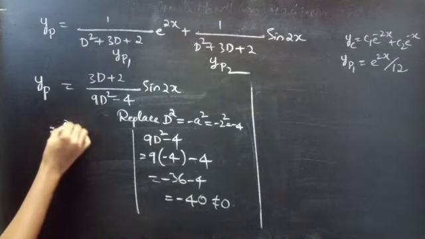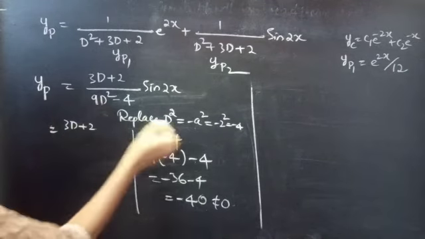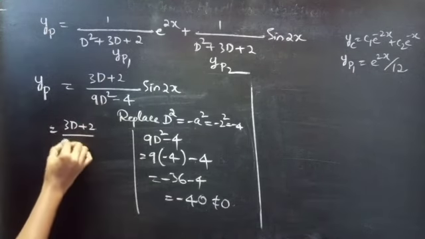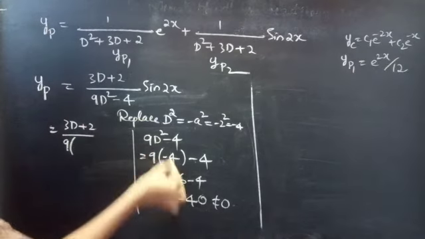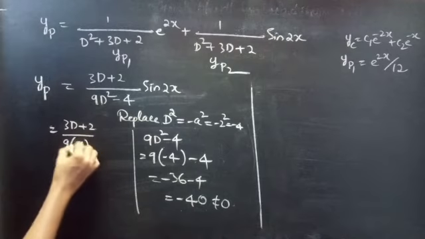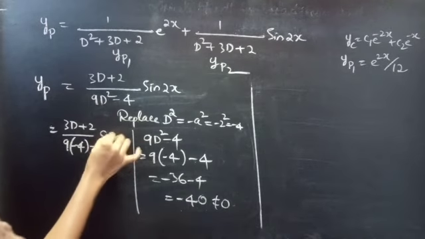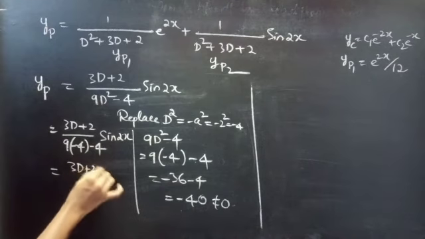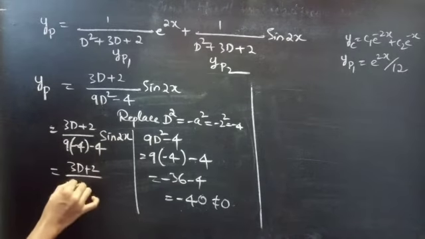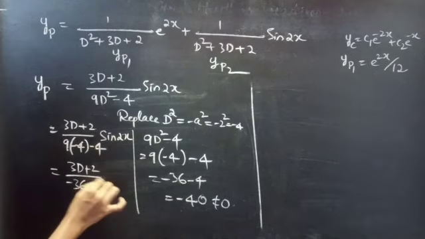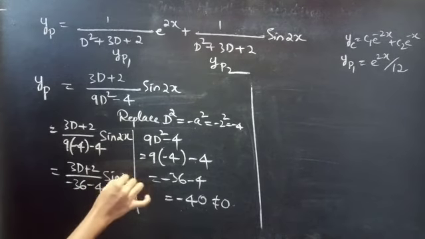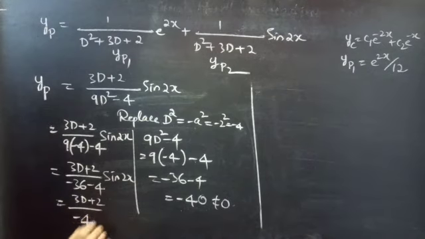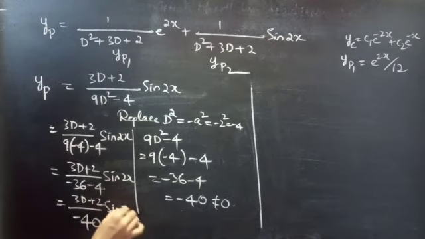Then this becomes 3D plus 2 by 9 into, I'll just write the same steps here, minus 4 into sine 2x, which is equals to 3D plus 2 by 9 minus 4 is minus 36 minus 4, into sine 2x, which is equals to 3D plus 2 by minus 40 into sine 2x, right?